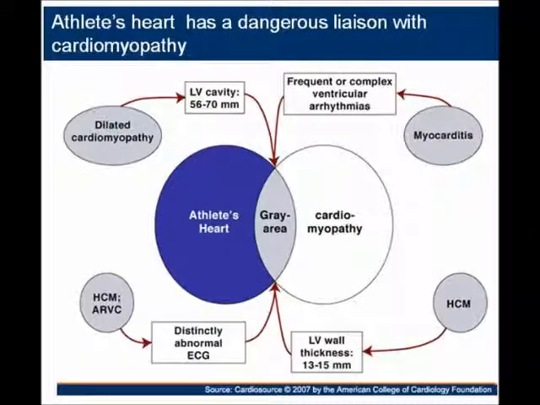This image shows that an athlete's heart versus a heart that has cardiomyopathy are very similar. It is very hard to tell whether an athlete's heart is normal or it has cardiomyopathy.